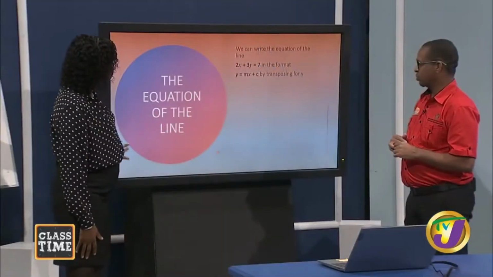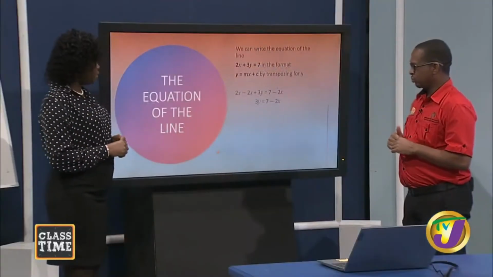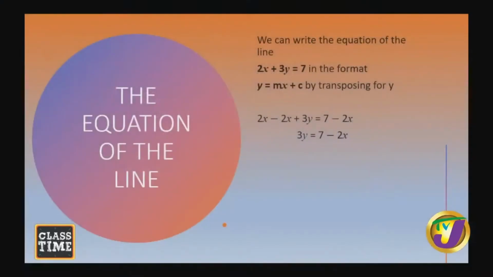So by transposing for y, looking at 2x plus 3y equals 7, we do inverse operations on both sides to isolate y. To do that, I have to get the 2x to the other side of the equation. I could do that by subtracting 2x from both sides. Then we have 3y equals 7 subtract 2x.